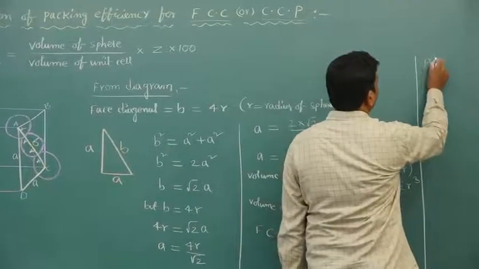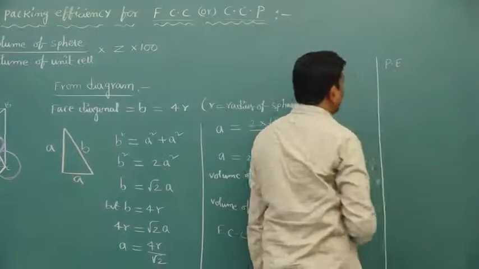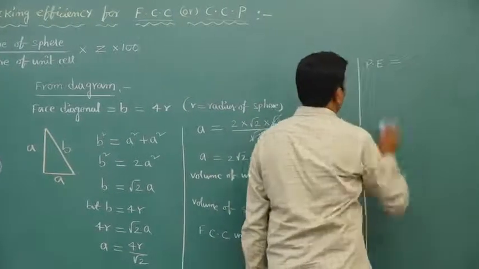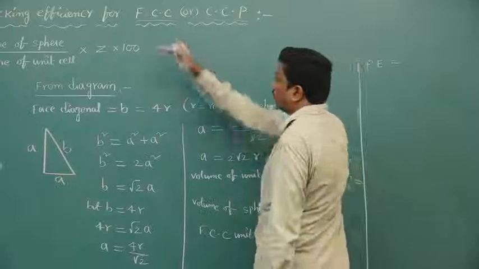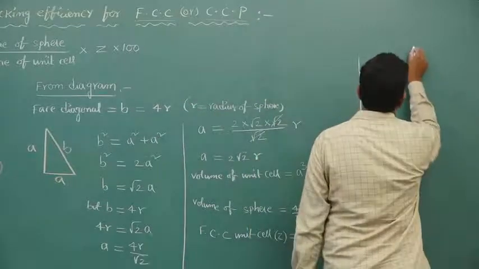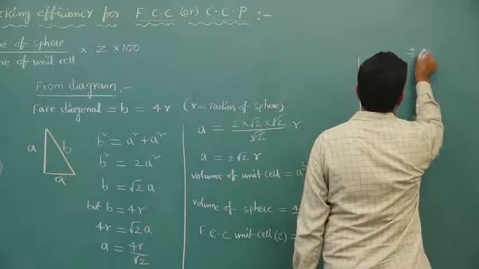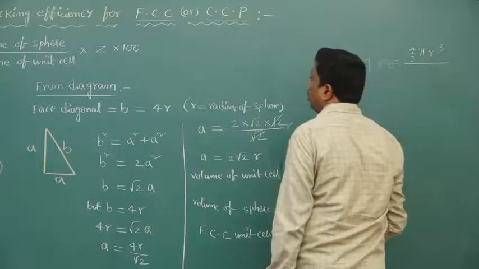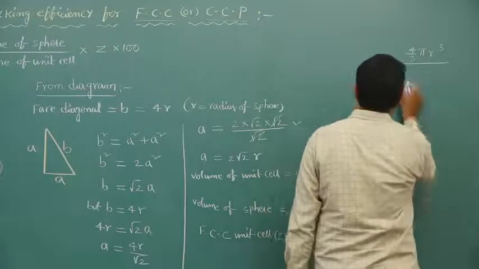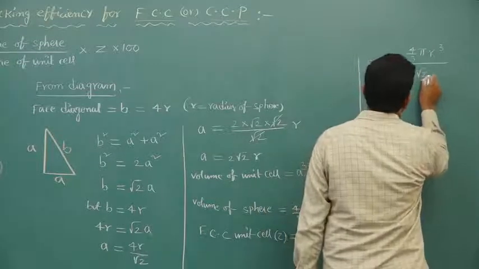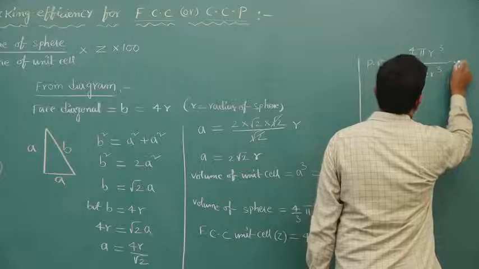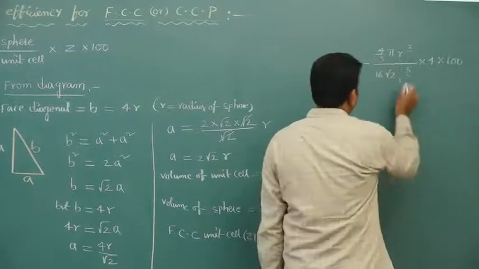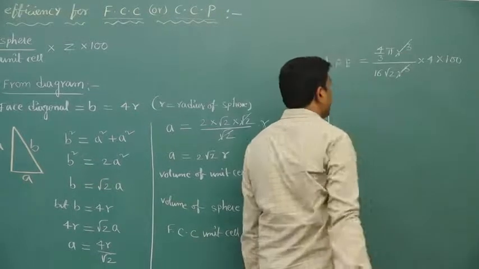Packing efficiency, simply I am writing PE, but in exam you need to write the full form. Packing efficiency is equal to volume of sphere, 4 by 3 pi r cube, by volume of unit cell, 16 root 2 r cube, Z value 4 into 100. This on simplification, r cube gets cancelled.